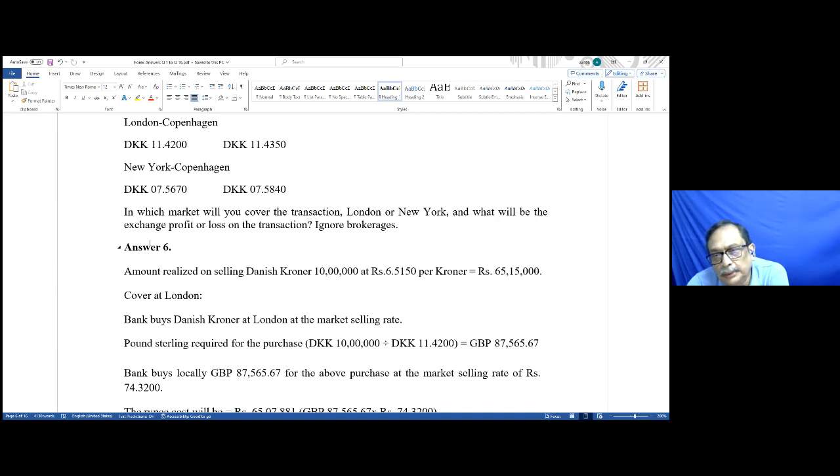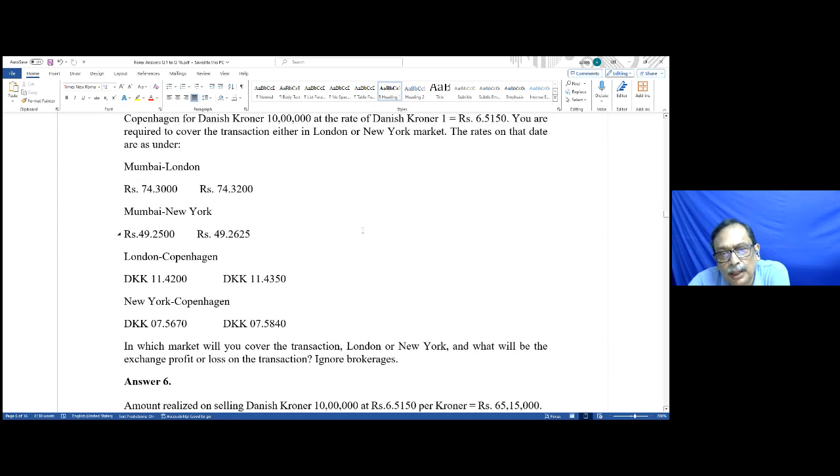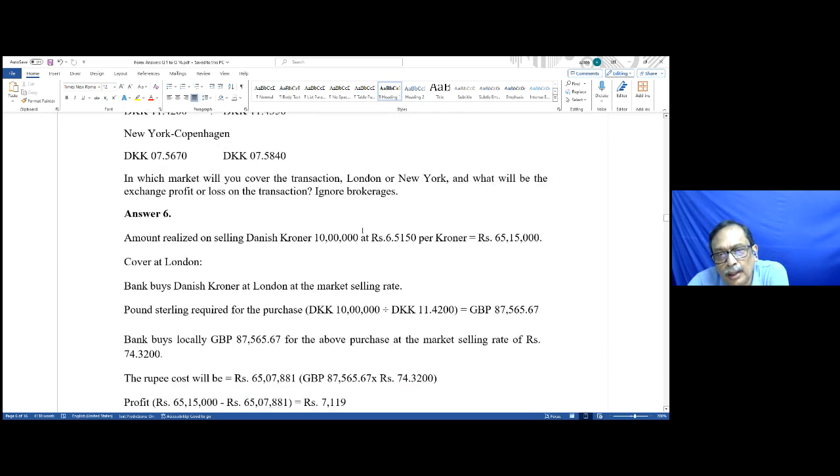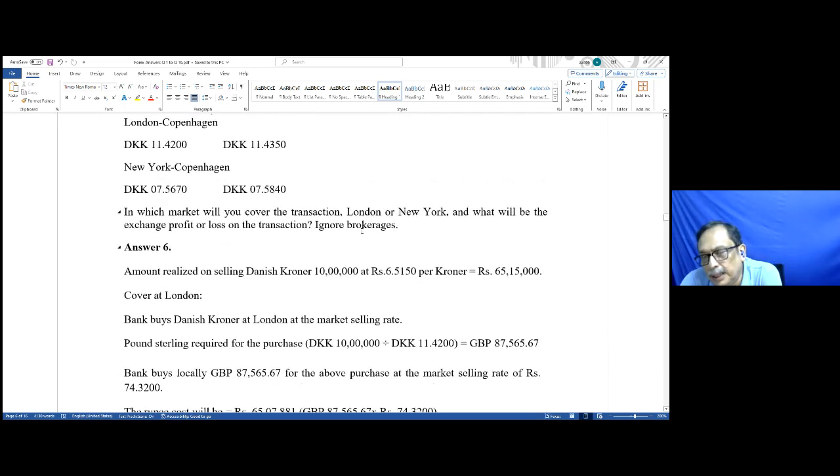And what will be the exchange profit or loss on the transaction? And we have to ignore brokerages. So it is a very relevant question because there are two markets, one is the London market, another one is the New York market.